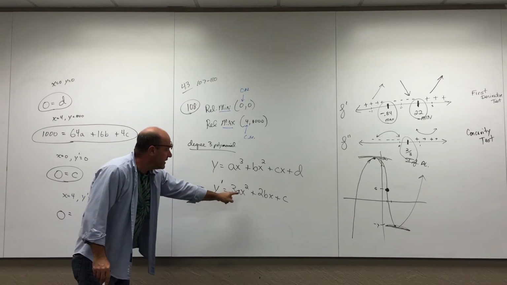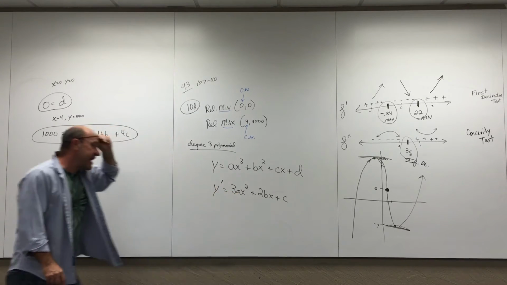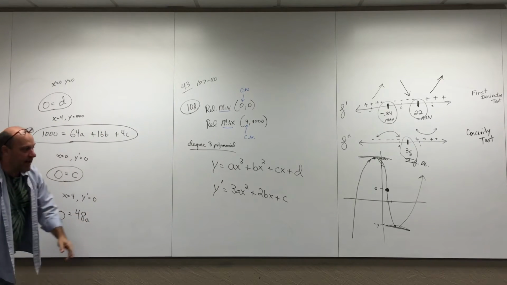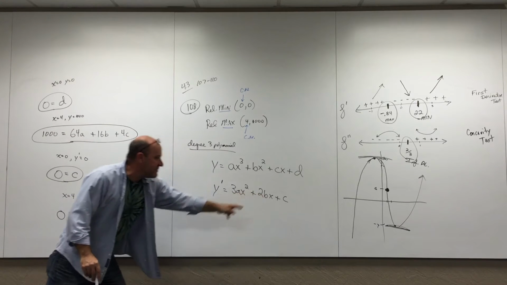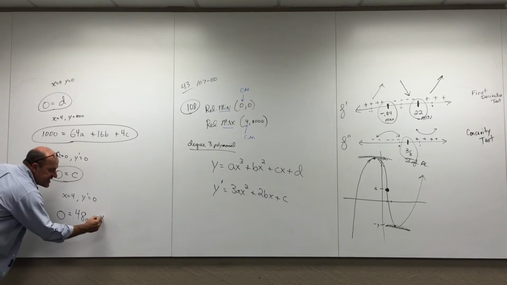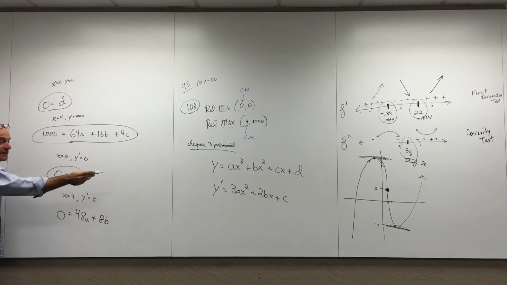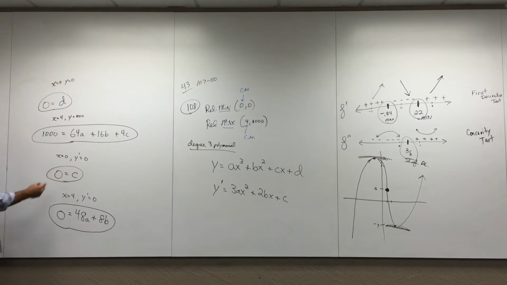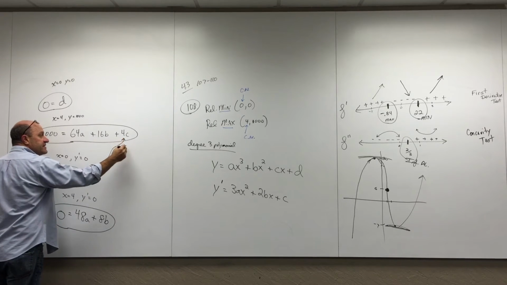All right, here I go. That's 16 times 3a, that's 48a. Plugging in a 4 for x, that's 8b. And then there's a c out there, but guess what? c is 0. So now I have this piece of information. And by the way, I can go up here. This c is 0.